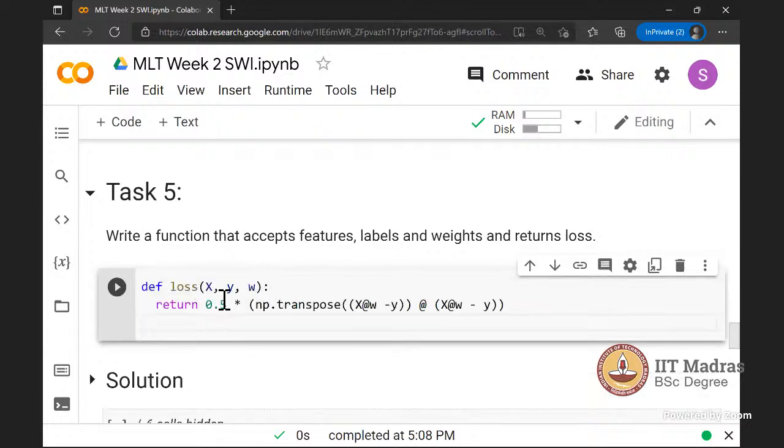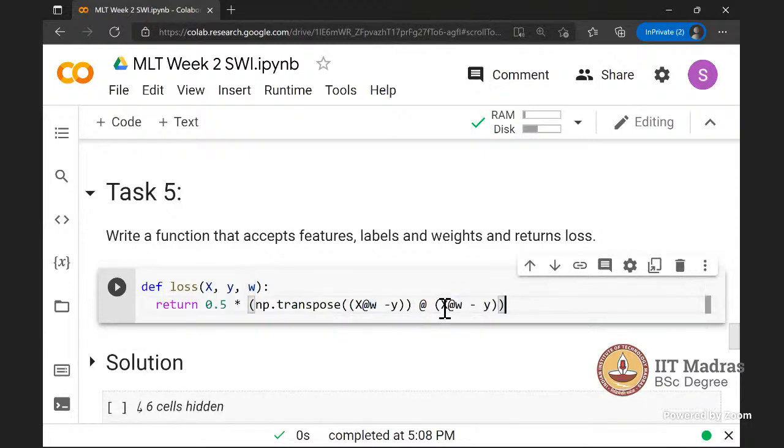Very nice and clean. It has feature vector X, the label Y, and the weight parameter W, and then it returns the loss. Before we move on, this single line compresses a lot of details, so I'm going to put that in separate lines.